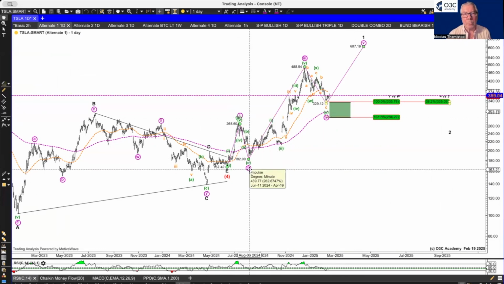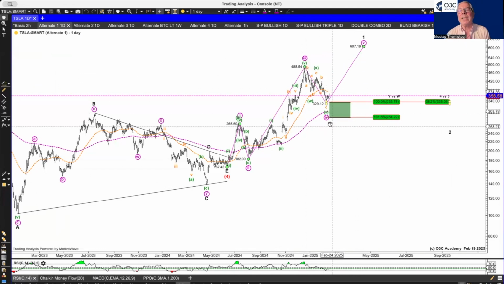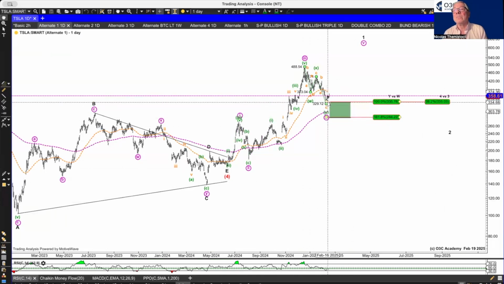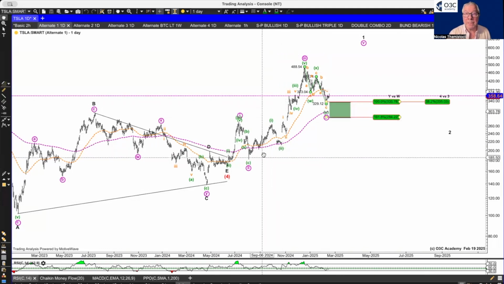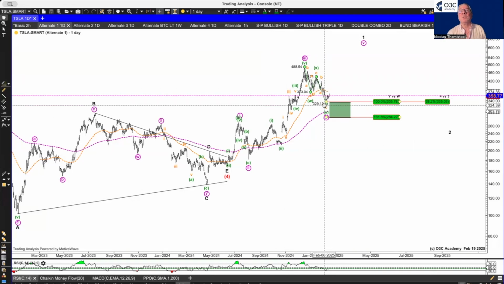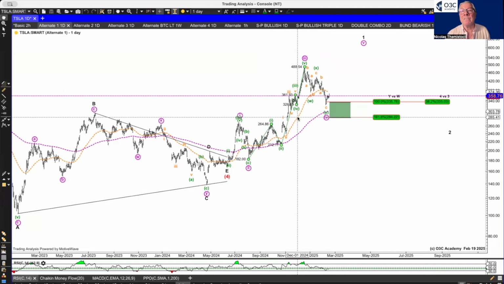Then I've labeled that wave two. And instead of this being the first wave of the breakout, I'm saying that's wave three. And then this is a wave four rather than being a wave two. And of course, wave four, retracing 38% of the previous third wave, is again not unreasonable. This wave four ended up in the previous fourth wave of 1 lesser degree.